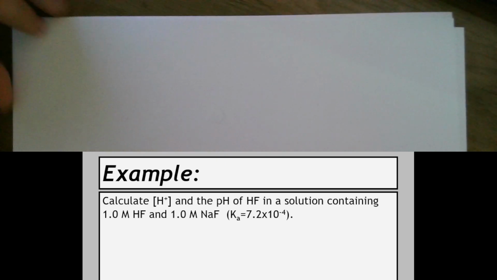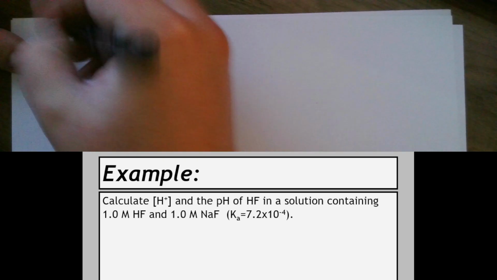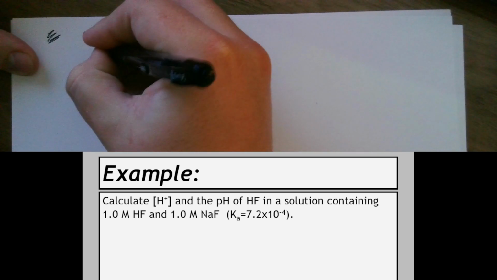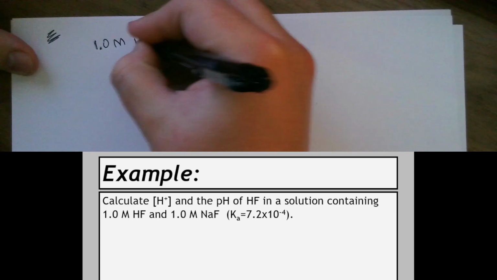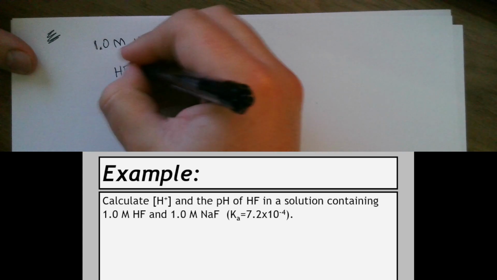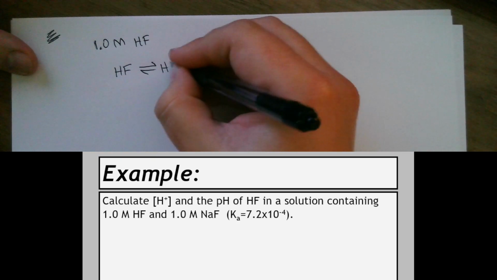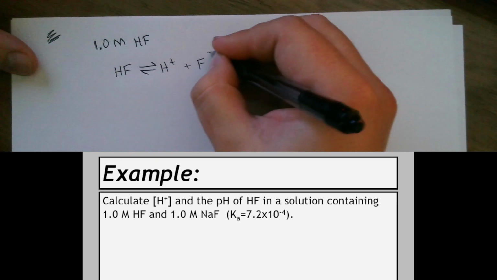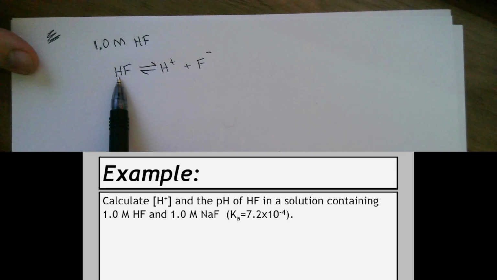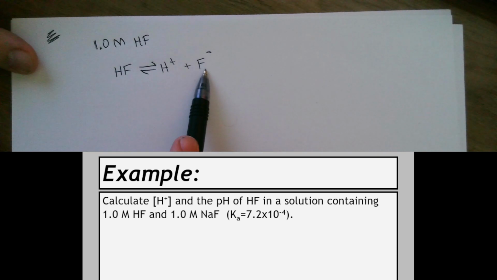So I have 1.0 molar hydrofluoric acid. That's the main thing doing everything here. It is our acid. Hydrofluoric acid will react in equilibrium with a hydrogen ion and a fluorine ion. Acids are proton donors, so this HF is going to lose its proton and be left with the anion F minus as the conjugate base.